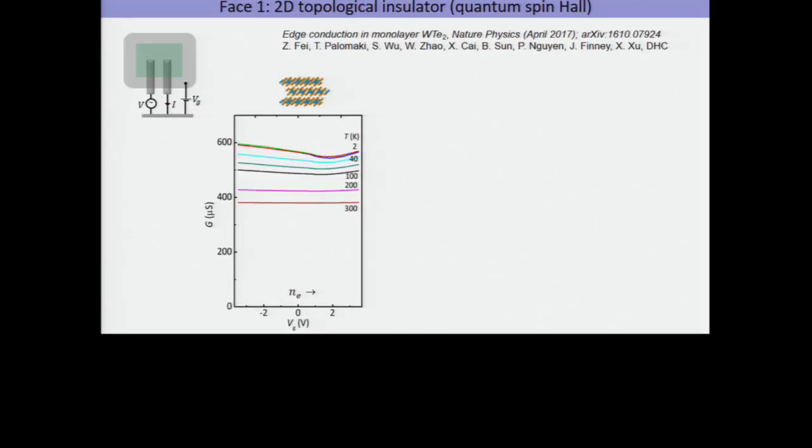Yeah? Are the contacts n-doped or p-doped? Like what should be the effect of that? That's a good question. The nature of the contacts is a really good question. It's very hard, and I don't have much to say about it. We do get ohmic contact to the bulk, but it's a contact between platinum metal, or sometimes graphene, and this two-dimensional sheet, and we get reasonable contacts to the edges as well, but I can't tell you specifically.